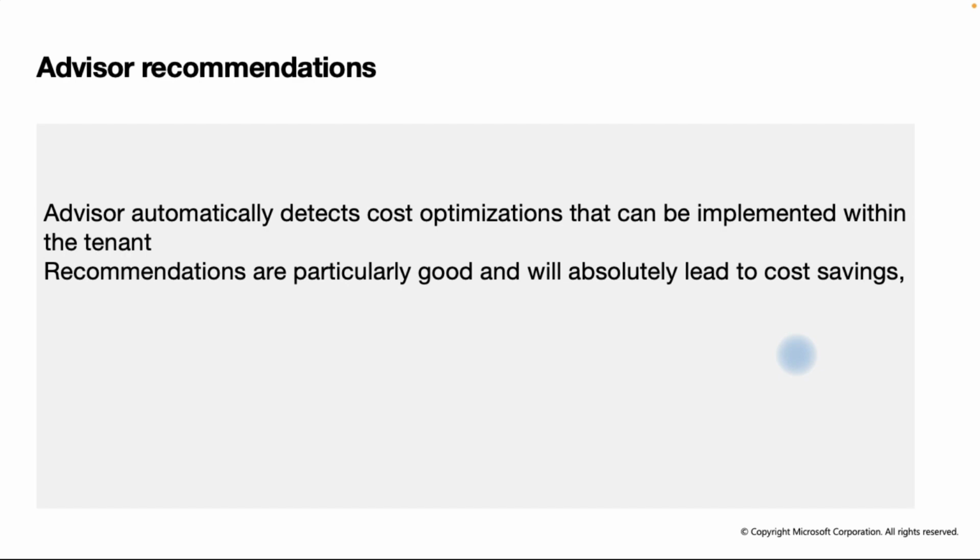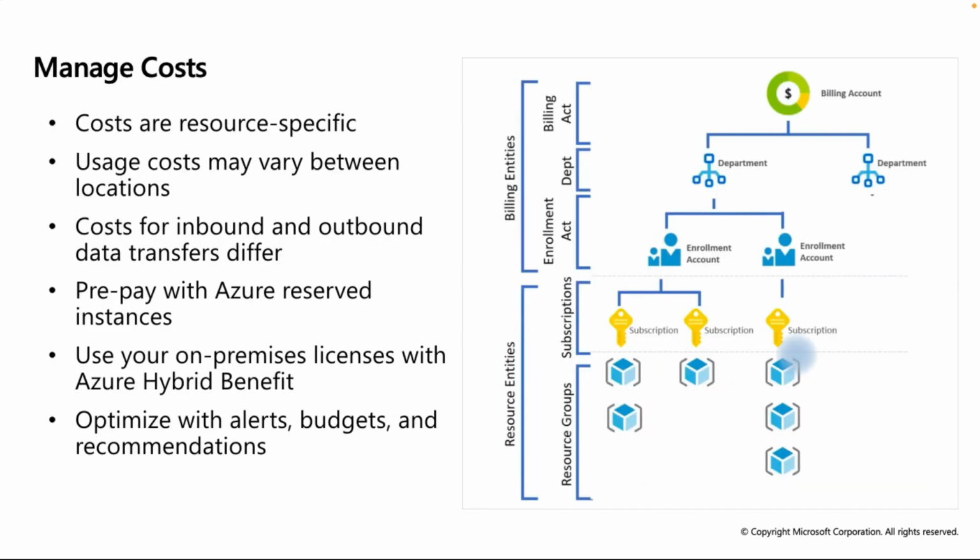So now we will go to the portal. I will show you how we can make the budget and how we can create the cost alert, and we will check. Before we go, I will show you one cost alert hierarchy. Here you can see the billing account, then department basis, then enrollment, then we create the subscription.